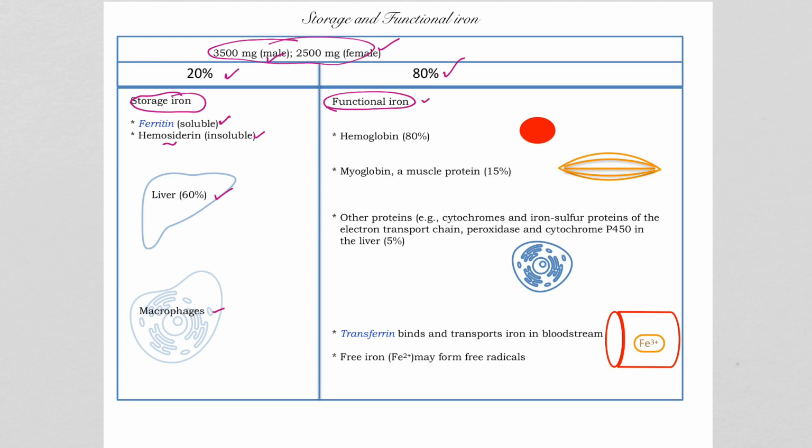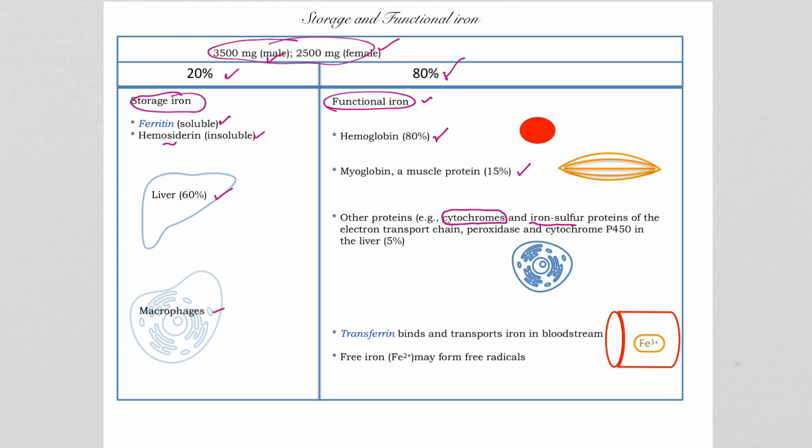Functional iron, as we mentioned, hemoglobin is about 80% of the functional iron. Myoglobin has about 15% of the functional iron. And then there are many other proteins, cytochromes, which we'll talk about under the electron transport chain or the respiratory chain.